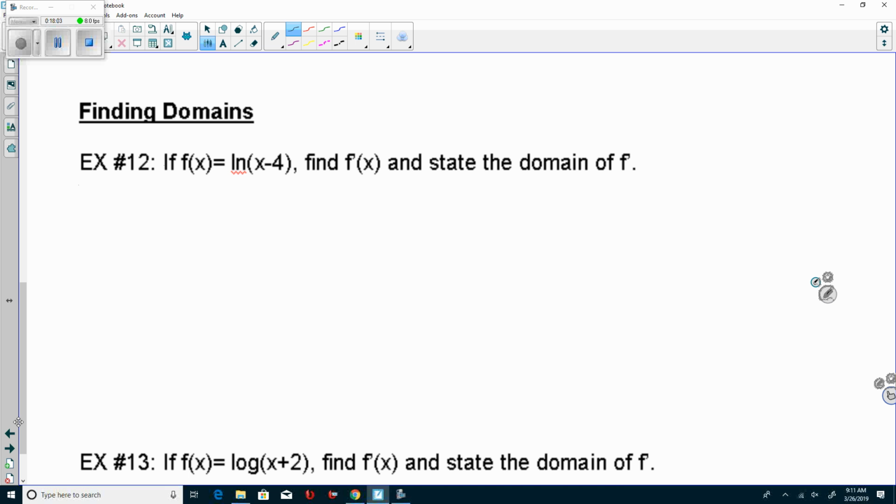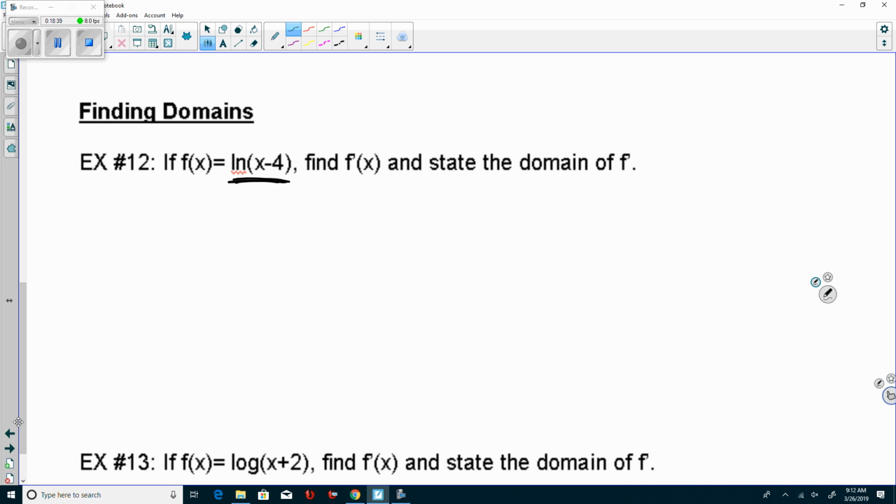Domains. So when you find your f prime of x, you also might need to state the domain. So your domain restriction for the original equation or expression will be the same plus any others in the derivative. So if this is my original expression, what is my domain restriction for that natural log x minus 4?